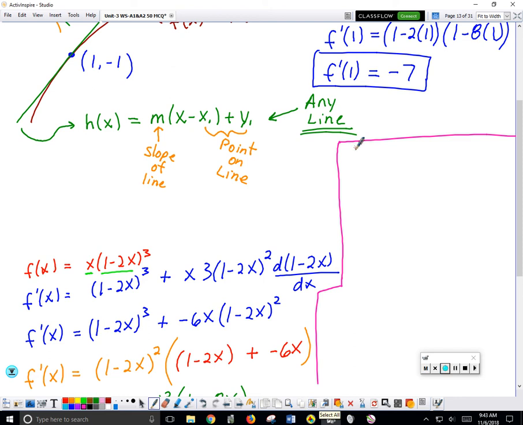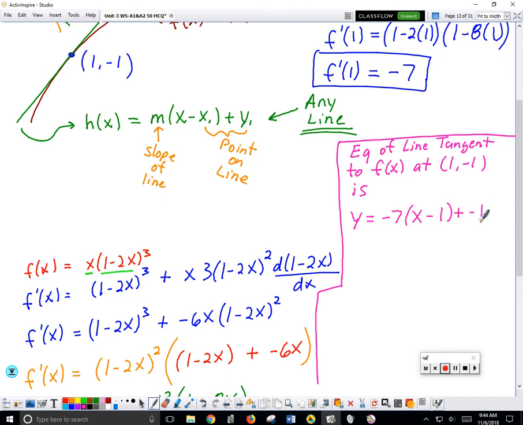So the equation of the line tangent... Oh, gotcha.